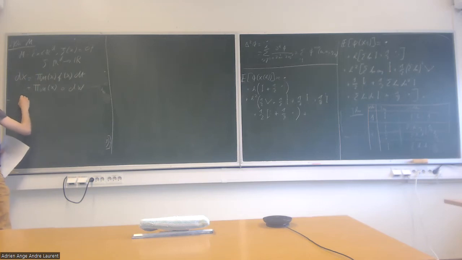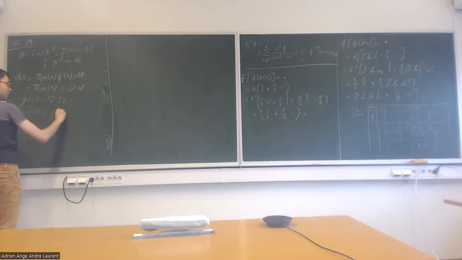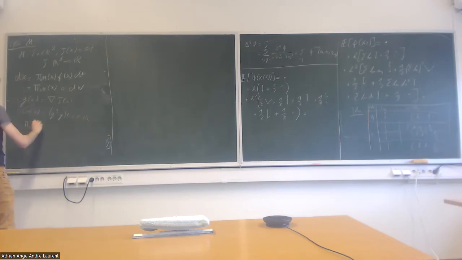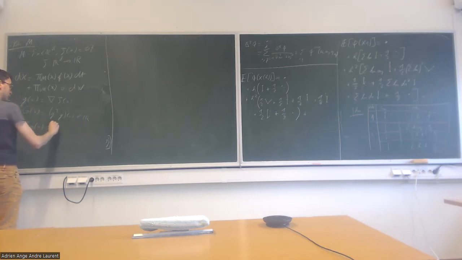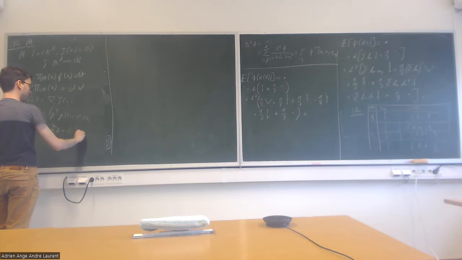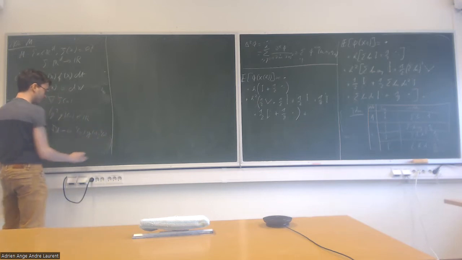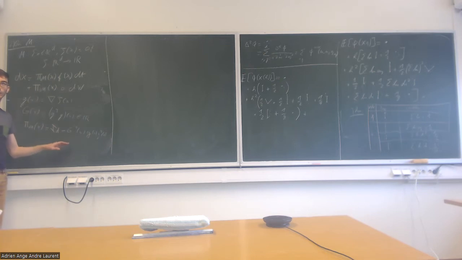So here we define g of x as the gradient of zeta. The Gram matrix, which is just a real number, is equal to g transpose g. And pi is the orthogonal projection onto the tangent bundle. This is the identity matrix minus the inverse of the Gram matrix, g of x, g transpose of x. You can recognize an orthogonal projection here.